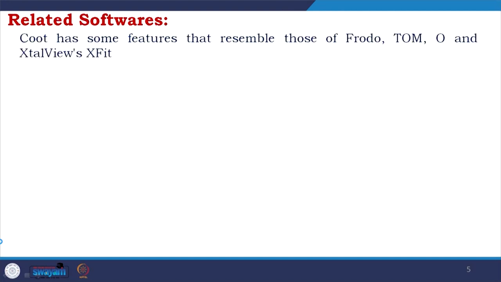Coot has some features that resemble those of software like Frodo, Tom, O, and the Crystal Vision module called XFIT. Actually, when we talk about them, it talks about the journey of where we are with Coot.